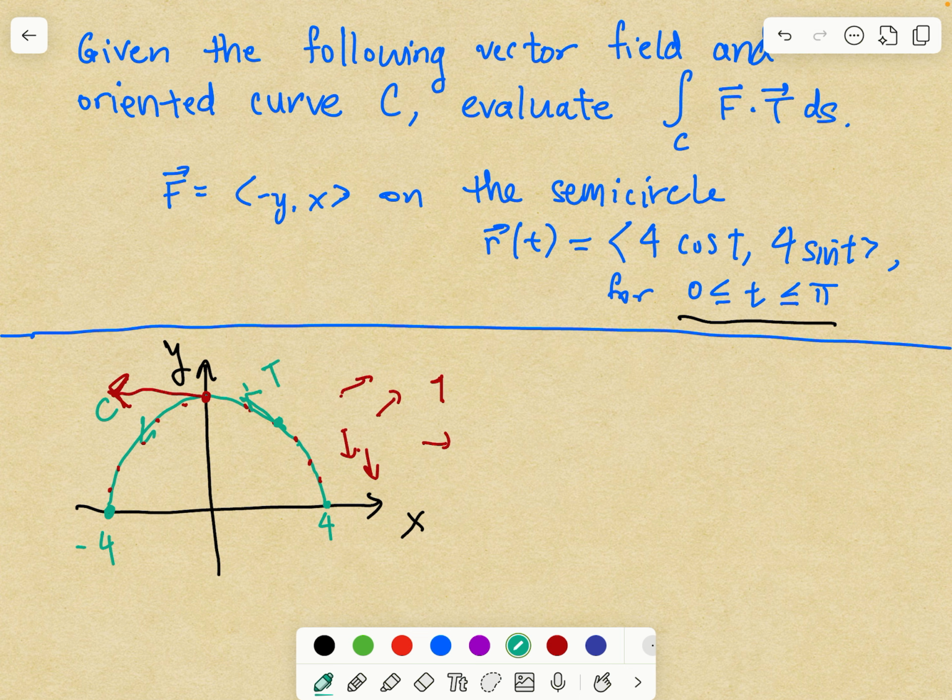That's your T. And your F might look like this or something. Then you take the dot product of these two vectors, F dot T, that's a number. So you have this function.